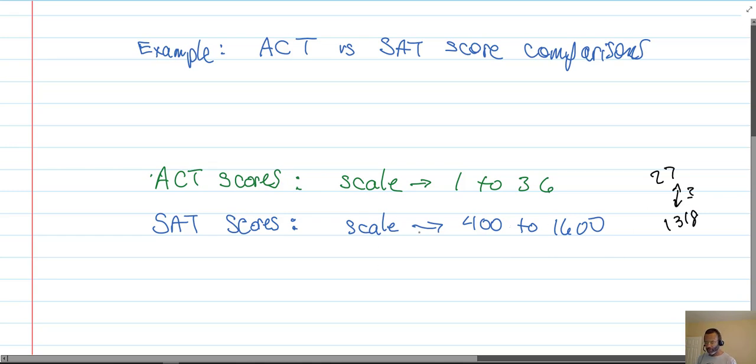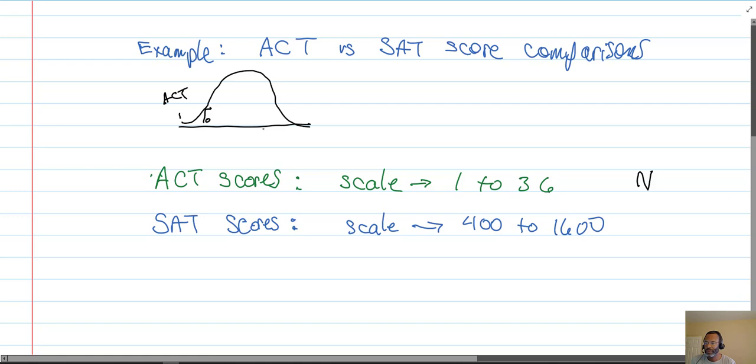One thing that's also true about these two standardized tests is that if you were to place the entire population of student scores into a histogram, and let's say the mean score for the ACT is 20.9, and you split it into a range of scores from 1 to 36 and count the frequency within each bin, how many people got between 17 and 18?